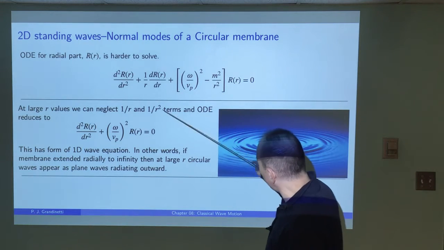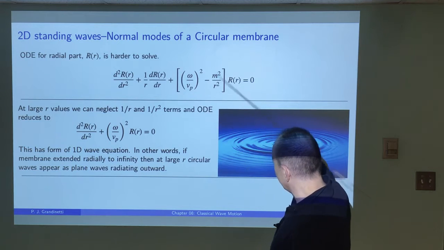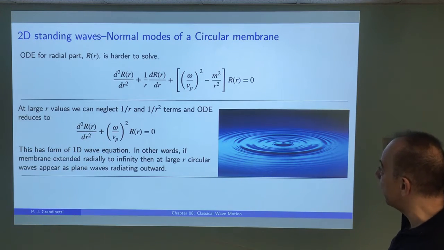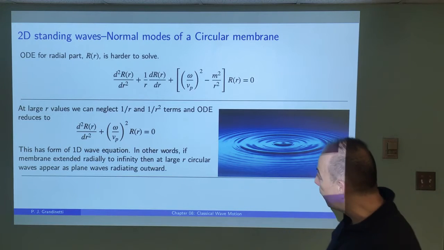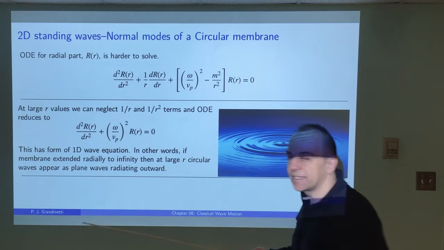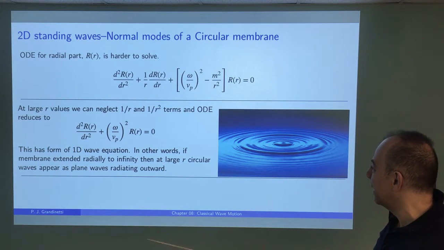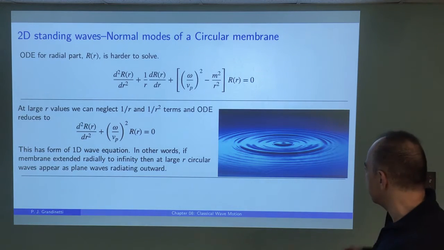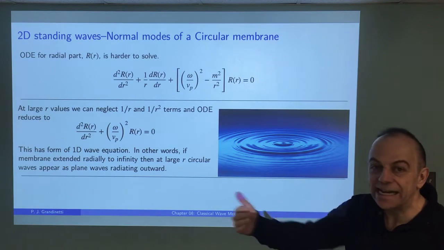So if we get very far away, we can neglect that term and we can neglect that term, and that says that the ordinary differential equation describing this wave in the limit that you're very far from the origin will look like this. And that's a very simple 1D wave equation, and the solutions to this are just plane waves, or in this case line waves that are just radiating out.